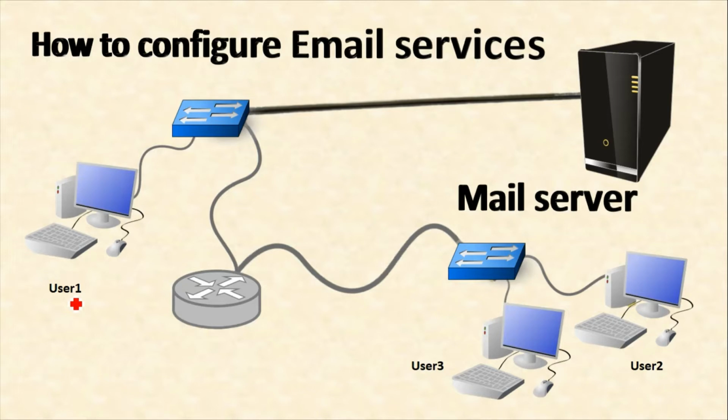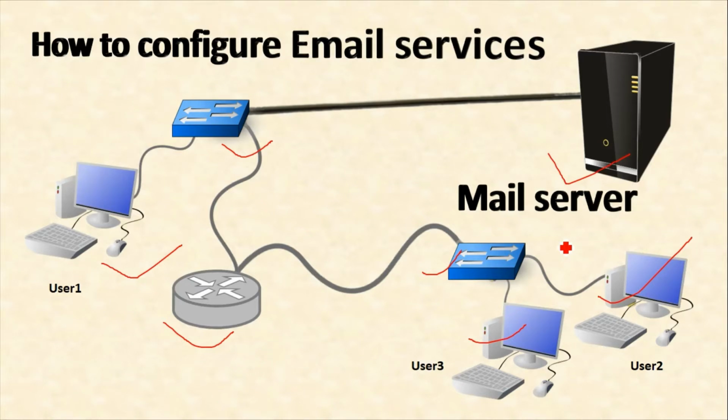Here I have taken a small topology where I have taken one mail server, two switches, one router gateway, and three PCs for three different users. Why have I taken three PCs? Because we need three different users who have access to the mail server and who can mail each other.